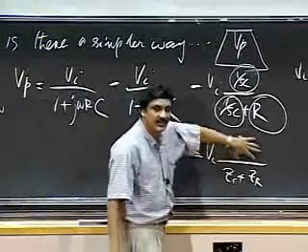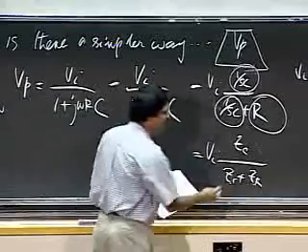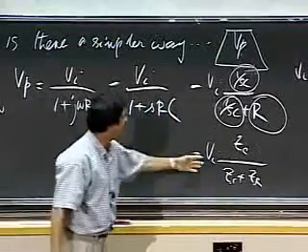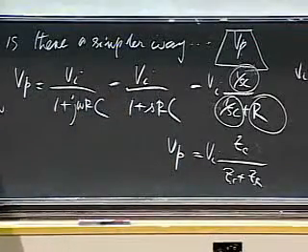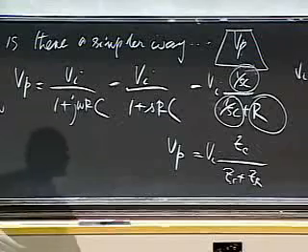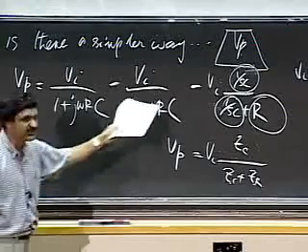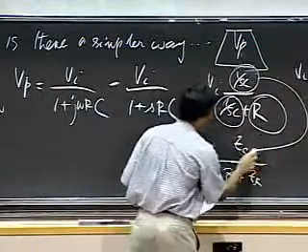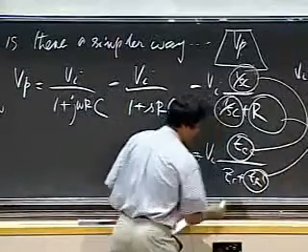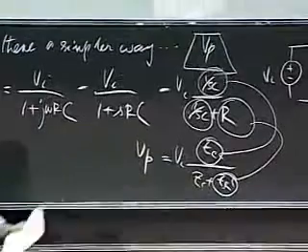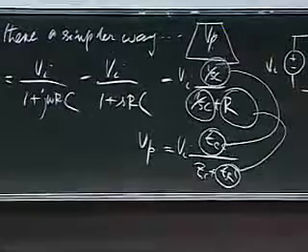If I can find out the ZR and ZC somehow, I can write down VP by inspection by the voltage divider action, by some generalization of the good old Ohm's law that I know about. Let's proceed further and see if we can make some kind of a connection between this and this. If I can make that connection, then boom, I'm done. I just use voltage dividers and I'm home.